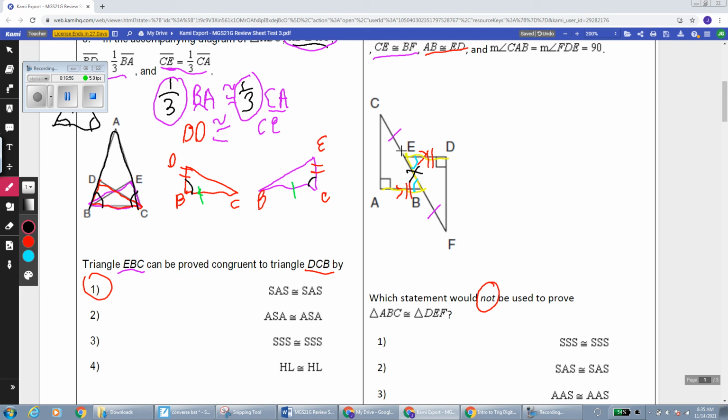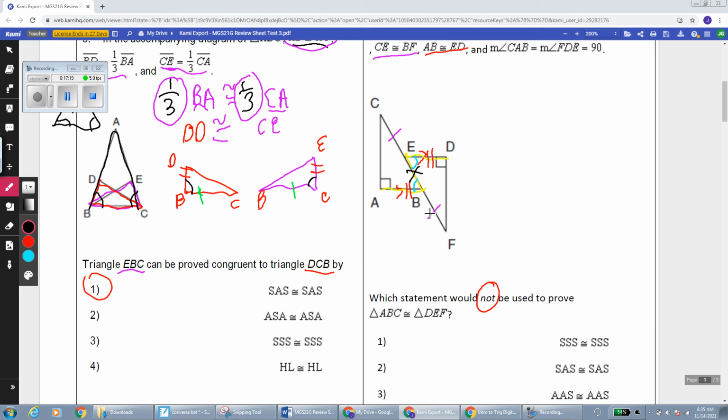I could also take FB, the piece of the side, add it with EB as well, and get the full side FE. So we do know that we can get the information that CB is congruent to FE. So that gives us another pair of sides to work with.